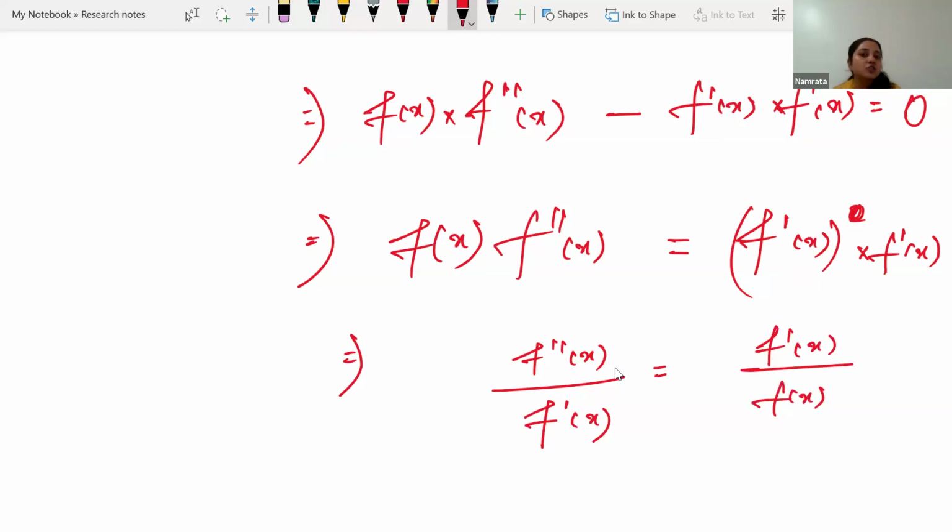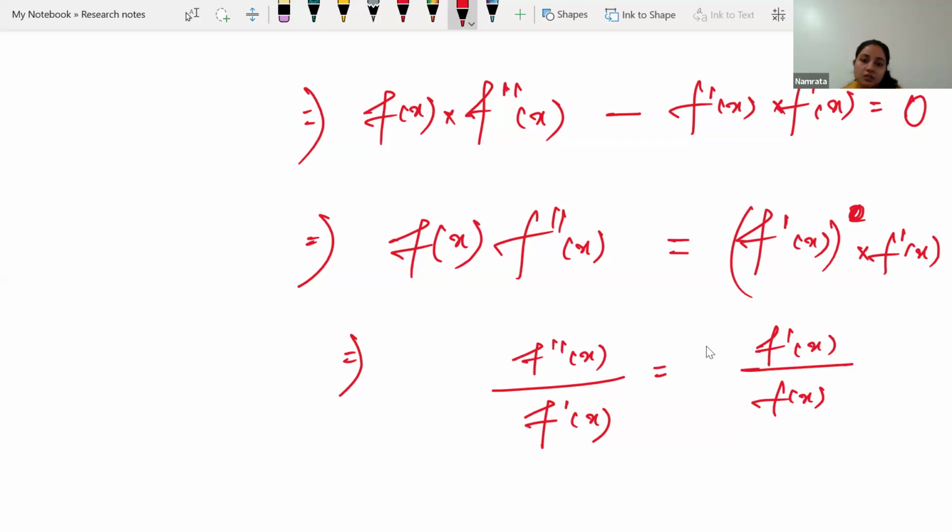This type of integration we have done: when we take the denominator as a substitution and differentiate, we get the numerator. Here also we are getting the same thing, so I have arranged it like this.